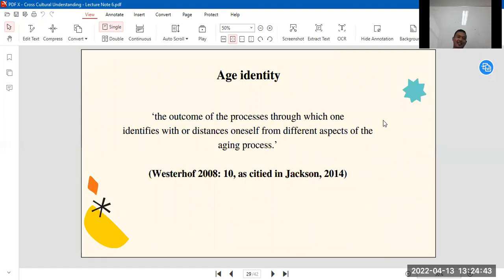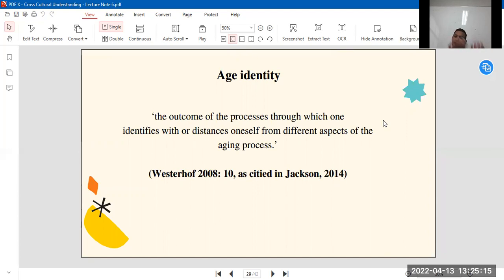Next, the age identity: the outcomes of the processes through which one identifies with or distances oneself from different aspects of the aging process. You are young, or even you are old. So aging differentiates or categorizes or shows the identity.